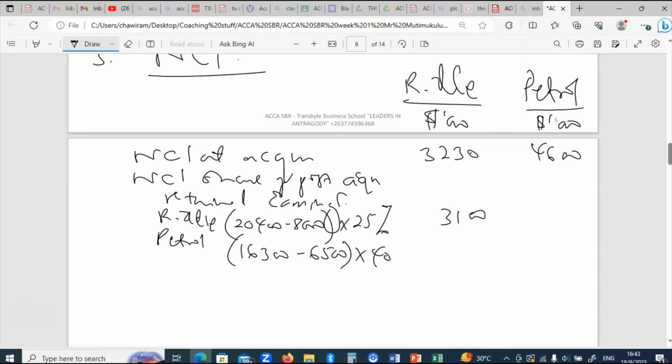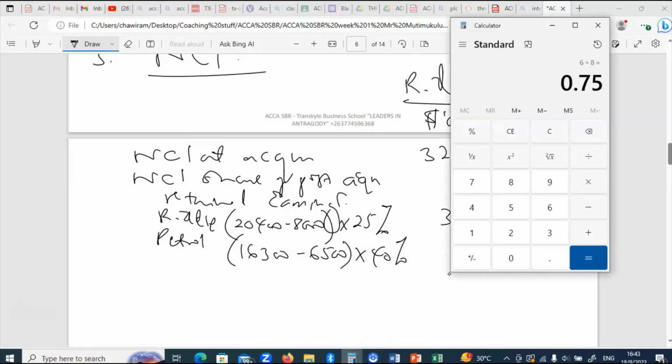Multiply by 40%. We determine that the NCI is 40%. So this gives us 3,920. Then let me verify the difference there.